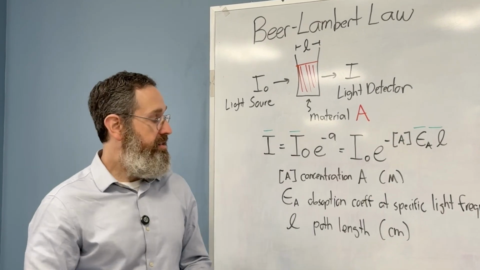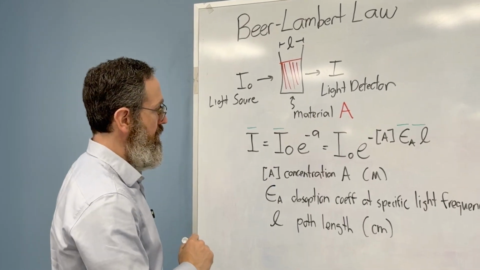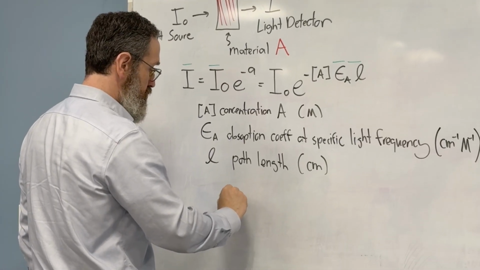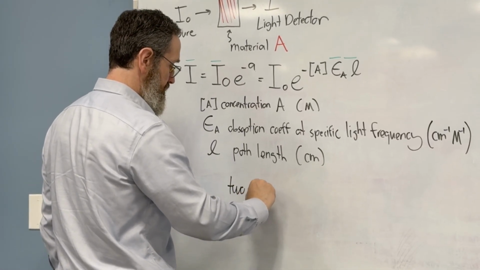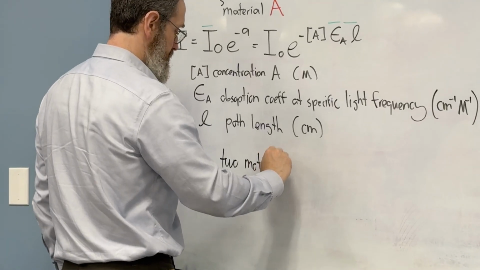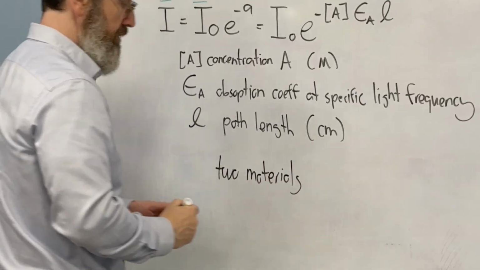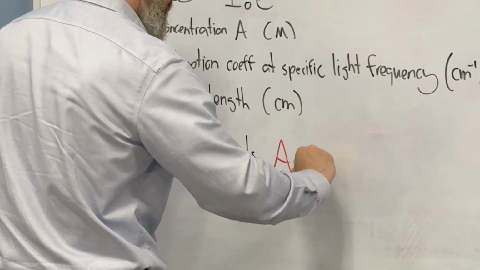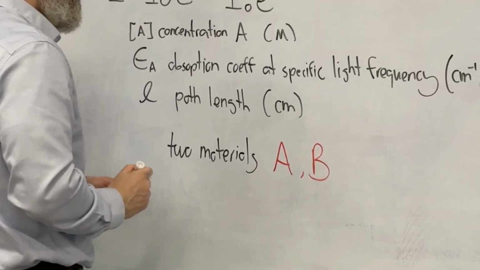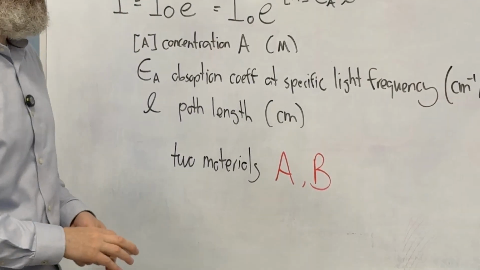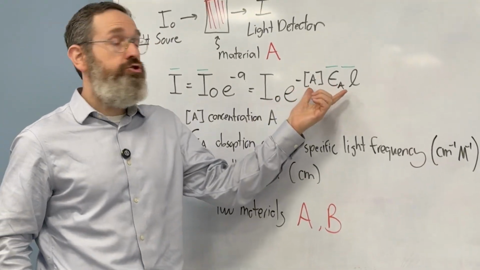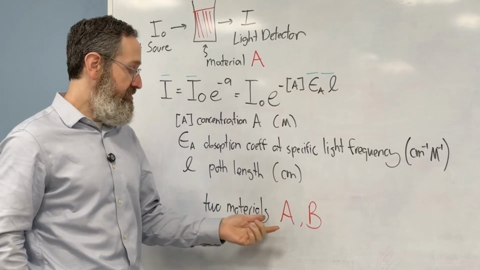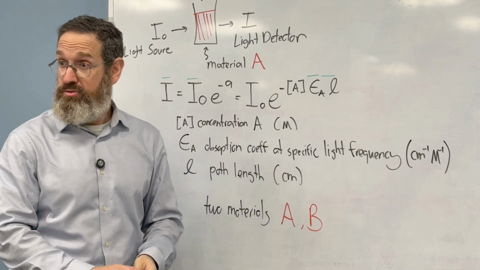Okay. The other thing we talked about is if there are two materials inside, call them A and B, essentially each one contributes independently to how much is absorbed. A is doing some absorption and B is doing some absorption.